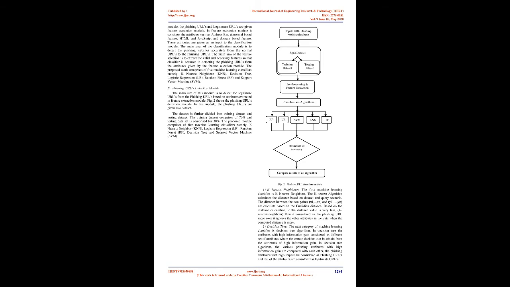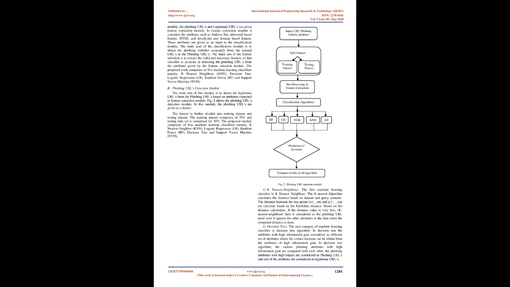These attributes are given as input to the classification module. The main goal of the classification module is to detect the phishing websites accurately from the normal URLs. The main aim of the feature selection is to extract the valid and necessary features so that the classifier is accurate in detecting the phishing URLs from the attributes given by the feature selection module.